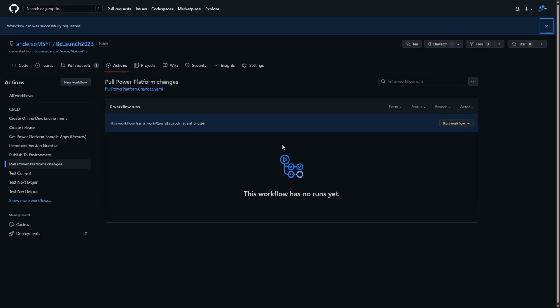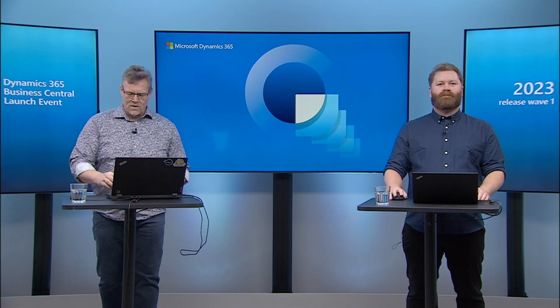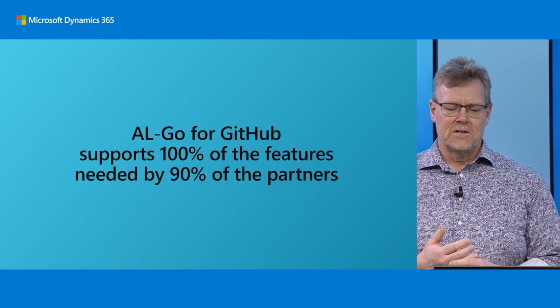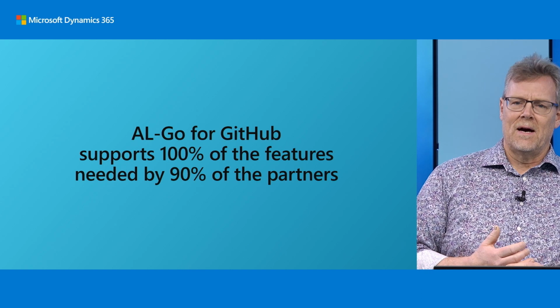Yeah, so while we're waiting for that, let's talk about what AL-Go for GitHub actually does for you. AL-Go for GitHub supports 100% of the features needed by 90% of the partners.